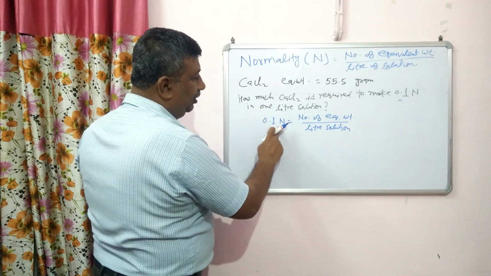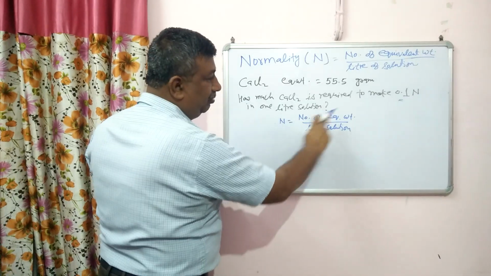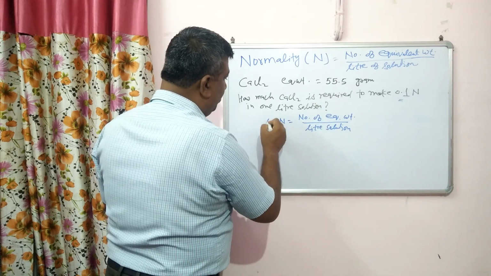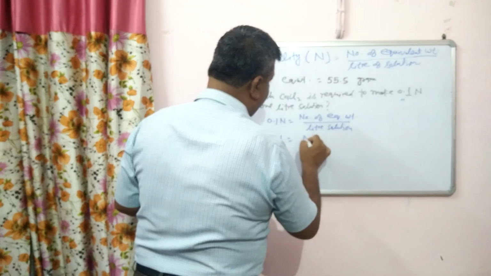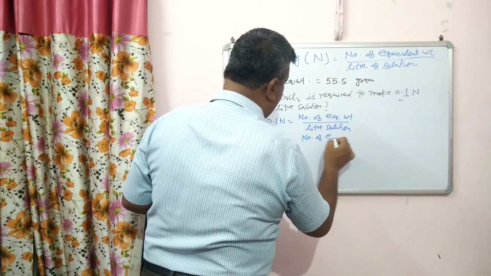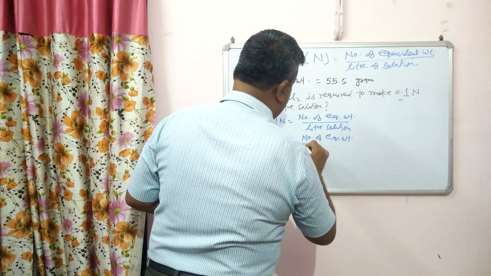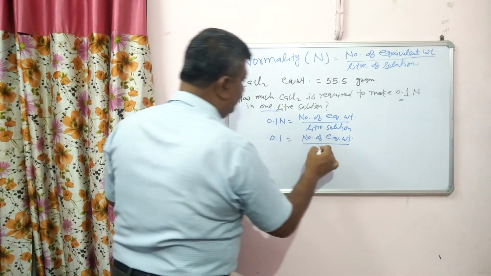Normality is given as 0.1 N, and we have to calculate the number of equivalent weight divided by how much liter? 1 liter. So it is 1.